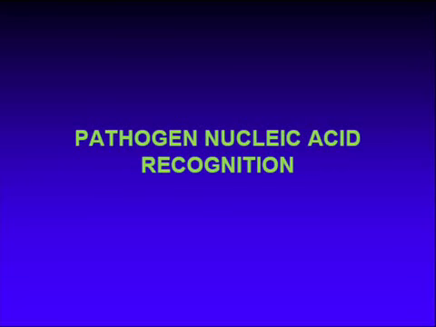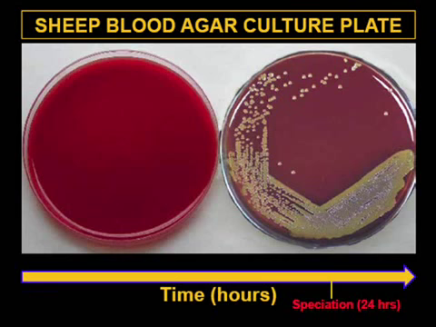We now move on to pathogen nucleic acid recognition. As shown previously, these pathogens that infect burn patients are attributed with extremely high mortality. Of course, like other patient groups, burn surgeons rely on the age-old method of culture to detect these pathogens. Here, the slide shows a sheep blood agar plate.